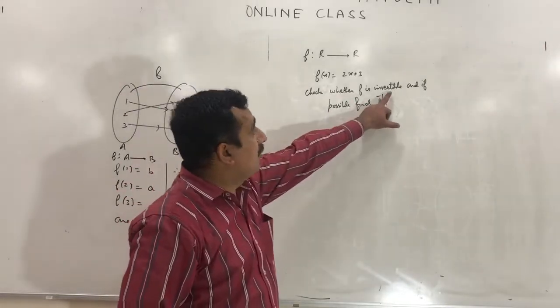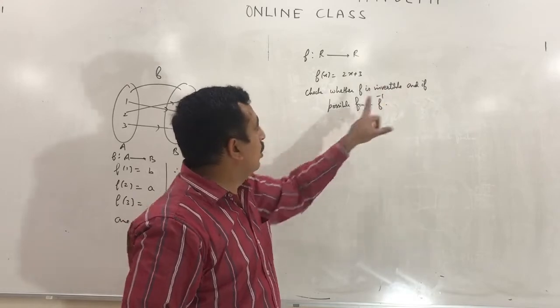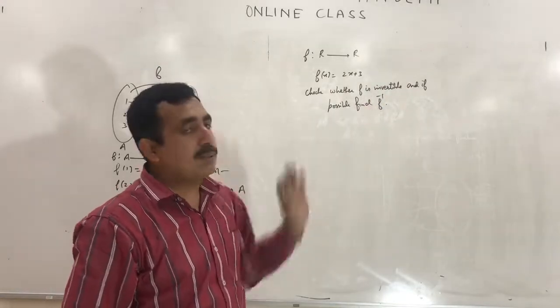Check whether f is invertible means you have to check whether f is one one and onto both, then you have to find the inverse. This is inverse, not minus 1.